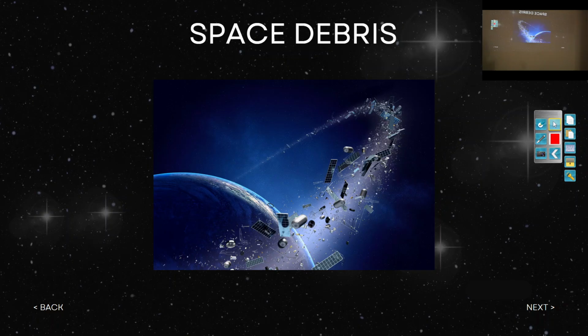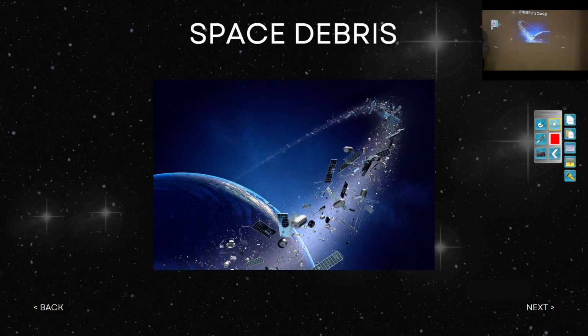So, there is this space debris. All of the satellites that we have launched will stay in that orbit only. Even if a satellite was functional and then becomes dysfunctional, it will still remain in the orbit. It will be orbiting around the earth, even though it is not functioning and not sending out any data or signal, revolving around the earth.